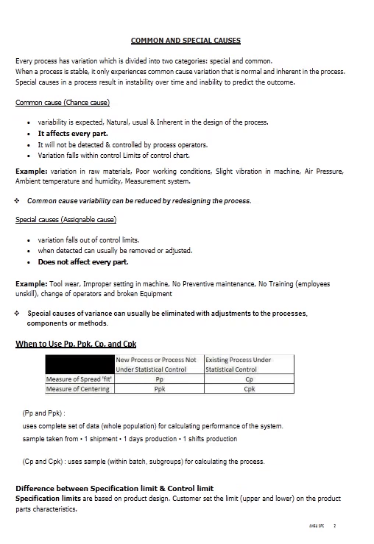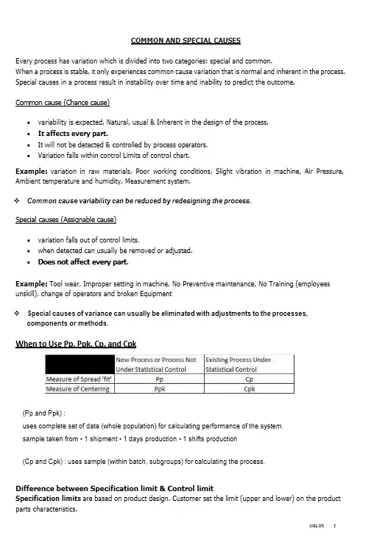Common and special causes. Every process has variation, which is divided into two categories: special and common. When a process is stable, it only experiences common cause variation that is normal and inherent in the process. Special causes in a process result in instability over time and inability to predict the output. Common cause variability is expected, natural, usual, and inherent in the design of the process.